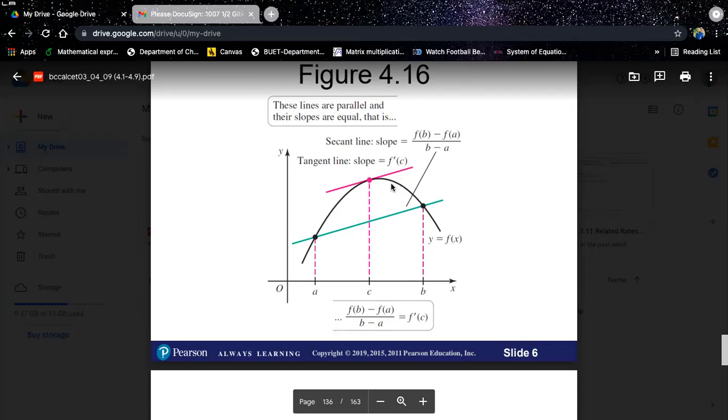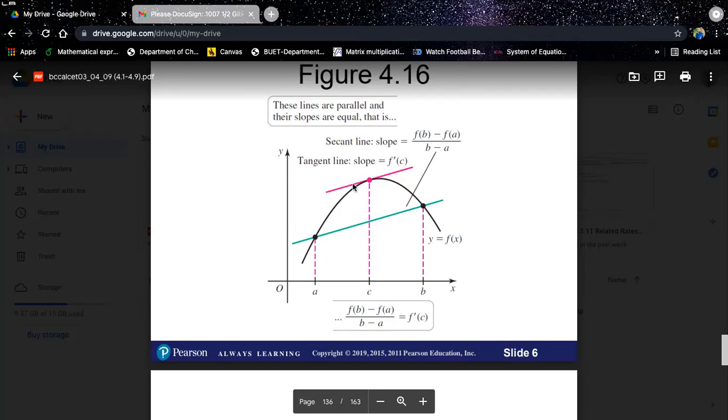So the mean value theorem says the slope of the tangent line and the slope of the secant line will be equal to each other. Obviously, you need to cross check the conditions: your function has to be continuous and differentiable everywhere on this interval, which is true. We can eyeball this graph and see this function is indeed differentiable, and obviously continuous everywhere on this interval, right?